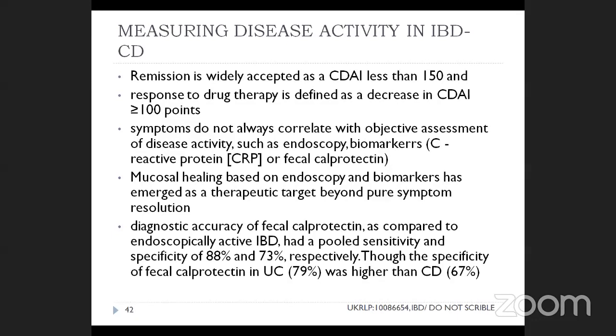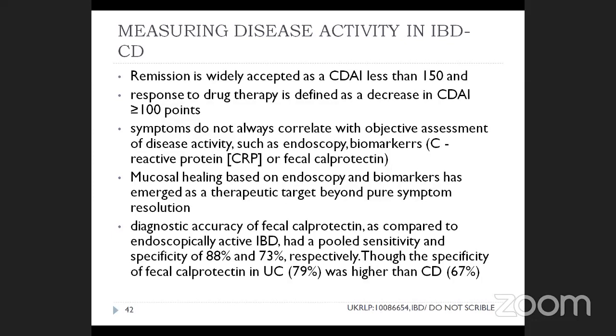Likewise, biomarkers like CRP and fecal calprotectin are used. The sensitivity of fecal calprotectin is 88%, and the specificity is 73%. This is for Crohn's disease. However, for ulcerative colitis, the fecal calprotectin sensitivity is 79%, compared to 67% for Crohn's disease.